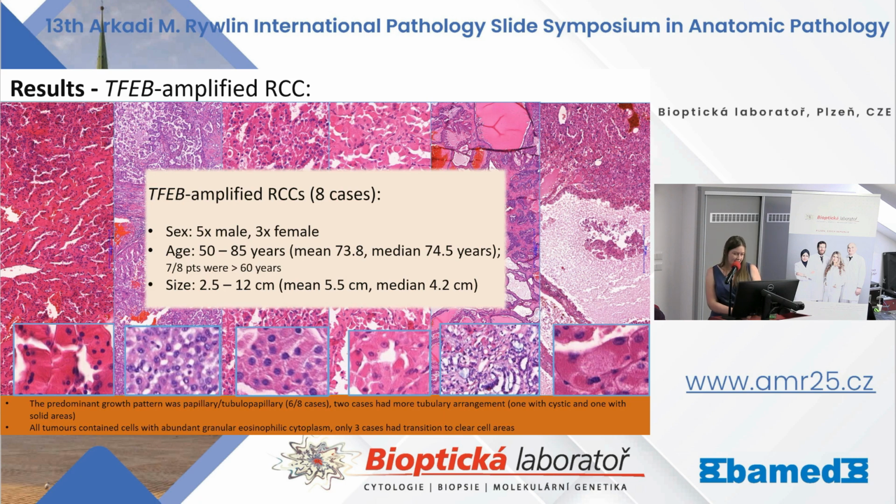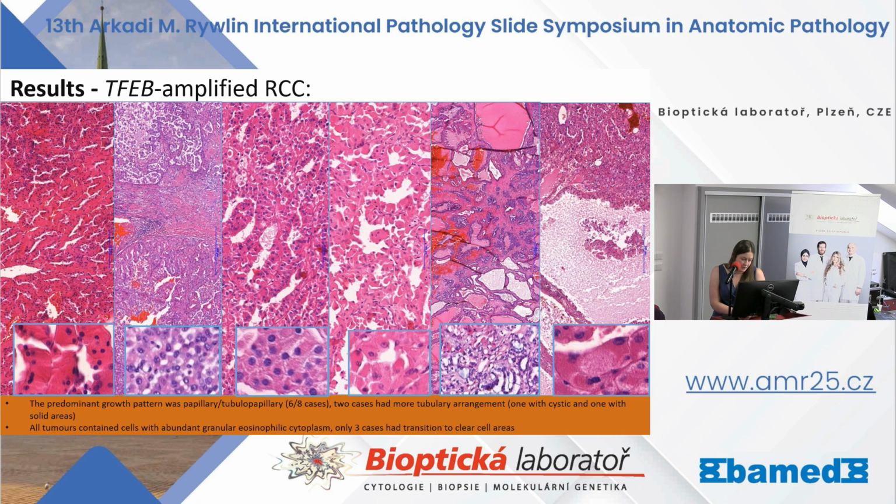From the morphologic analysis, the predominant growth pattern was papillary or tubulopapillary. 2 cases had more tubular arrangement, 1 was cystic and 1 had more solid areas. What was important, all tumors contained cells with abundant granular cytoplasm, and only 3 cases had transition to more clear cell areas. So this is absolutely different from the original description of the TFEB amplified or TFEB altered renal cell carcinoma.